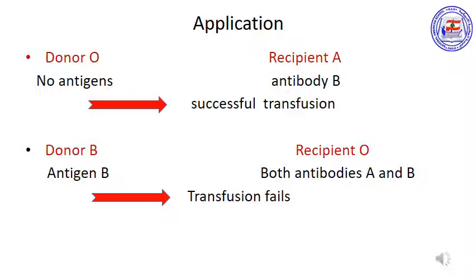In the second case, the donor is B and the recipient is O. So in this case, the donor has antigen B and the recipient has both antibodies A and B. So necessarily, there will be agglutination between the antibody B found in the plasma of the recipient O and the antigen B found on red blood cells of the donor B. So in this case, the transfusion failed.